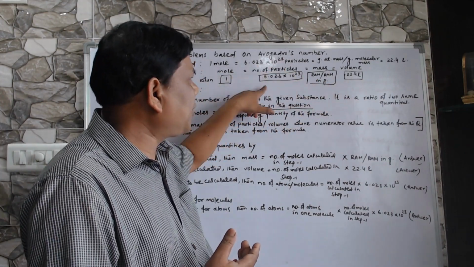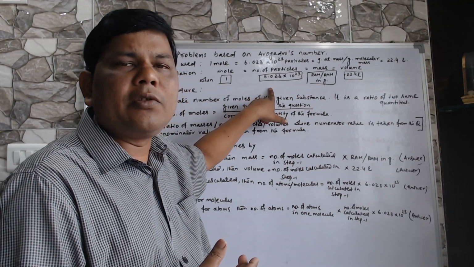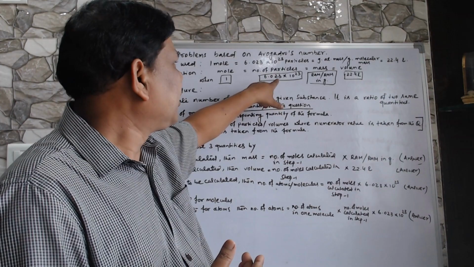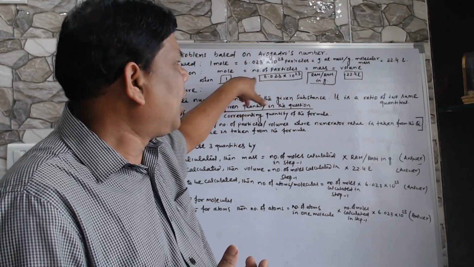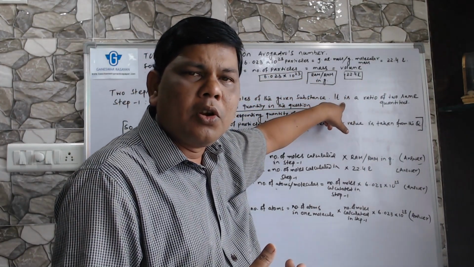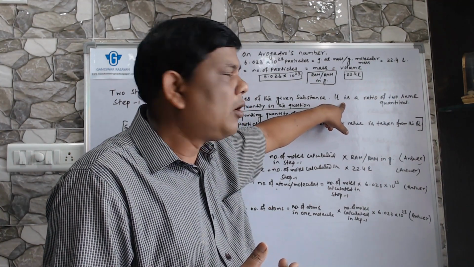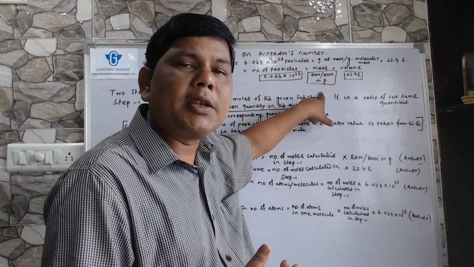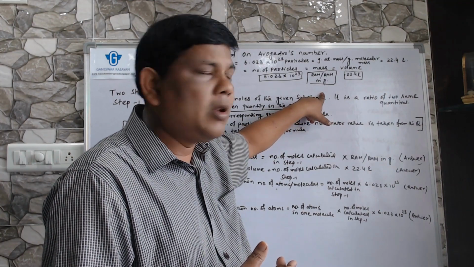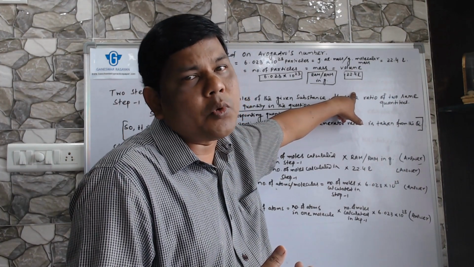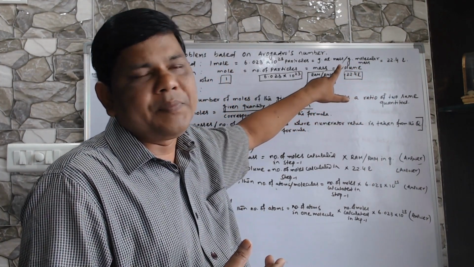If you take 6.023 into 10 to the power 23 particles of any substance, that will be called 1 mole, and that mass will be equal to the relative atomic mass of that substance in gram, or the relative molecular mass of that molecule in gram. If you calculate its volume, it will be 22.4 liters.